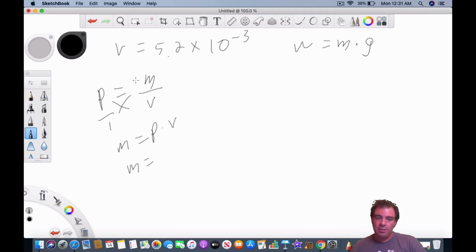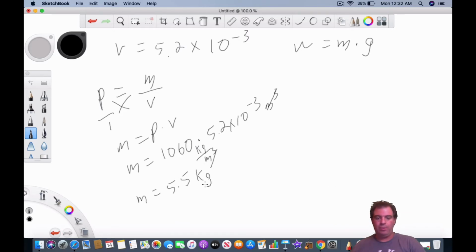And the density for blood is 1060 times the volume, which is 5.2 times 10 to the negative 3. And of course, that's going to be kilograms per meter cubed times meters cubed, so these cross out. So we see that the mass is going to be approximately 5.5 kilograms.